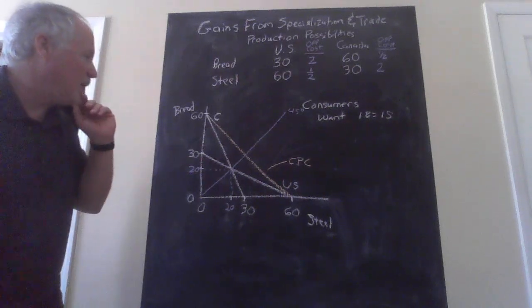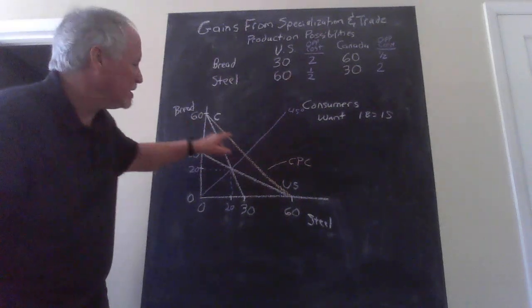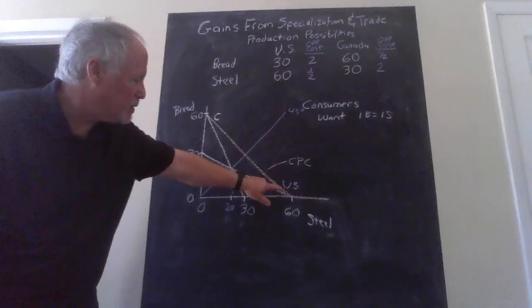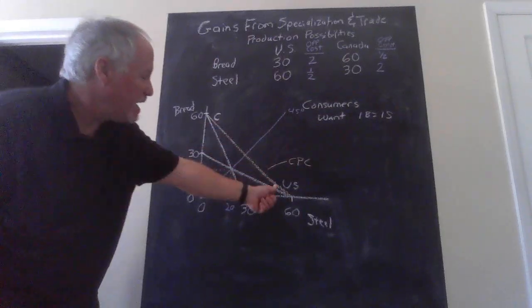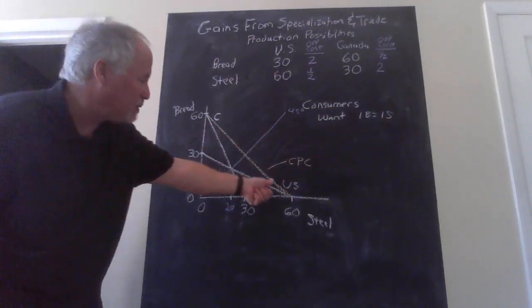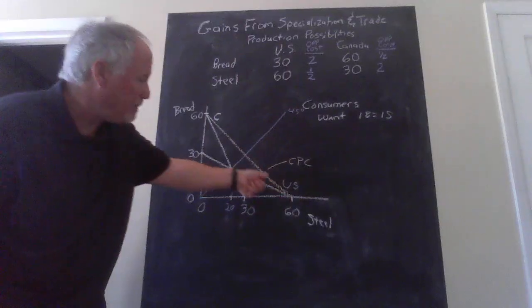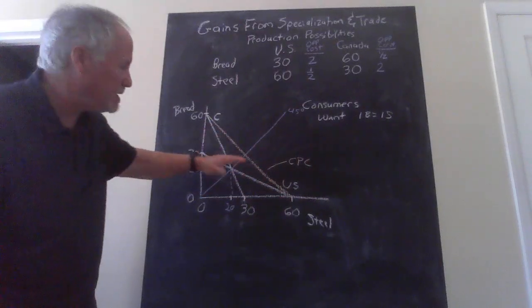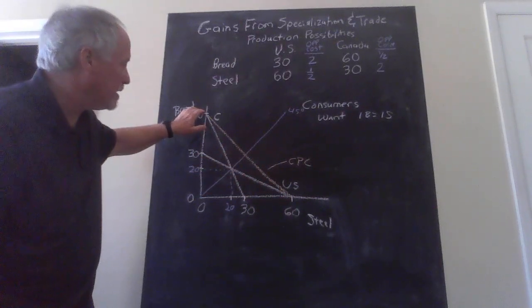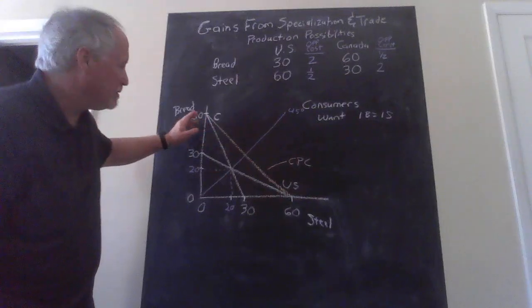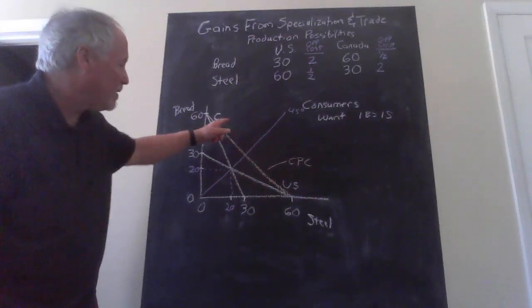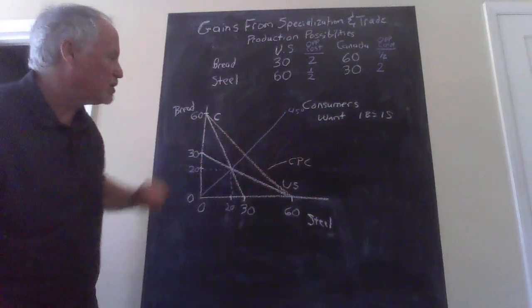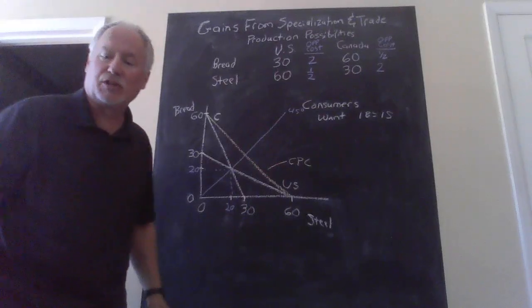So here's the consumption possibilities frontier. The U.S. faces this and can trade. If they trade steel for bread to Canada, they can move up and to the left along this CPC. And Canada starts from here, and if they want to trade bread to the United States to buy steel, they can move down and to the right along this consumption possibilities curve.